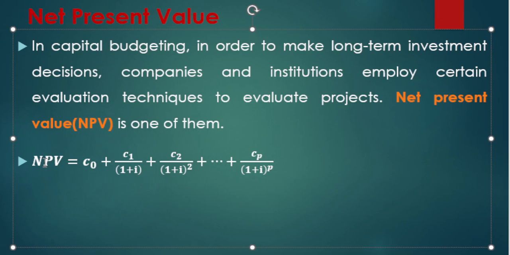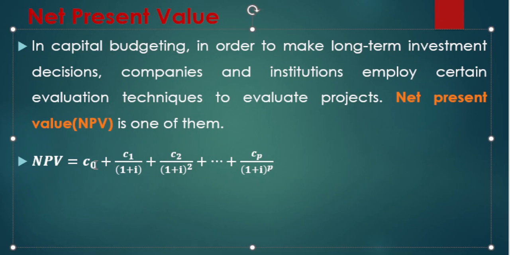So the formula for net present value is C0 plus C1 upon 1 plus i, plus C2 upon (1 plus i) raised to 2, up to Cp upon (1 plus i) raised to p, where C shows the cash flow at each year.